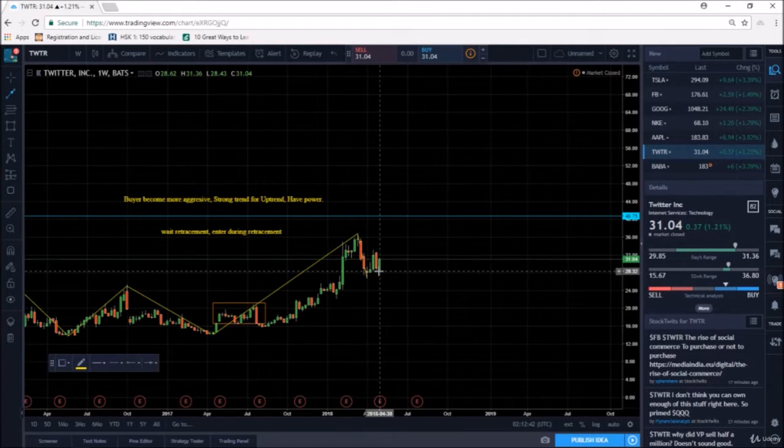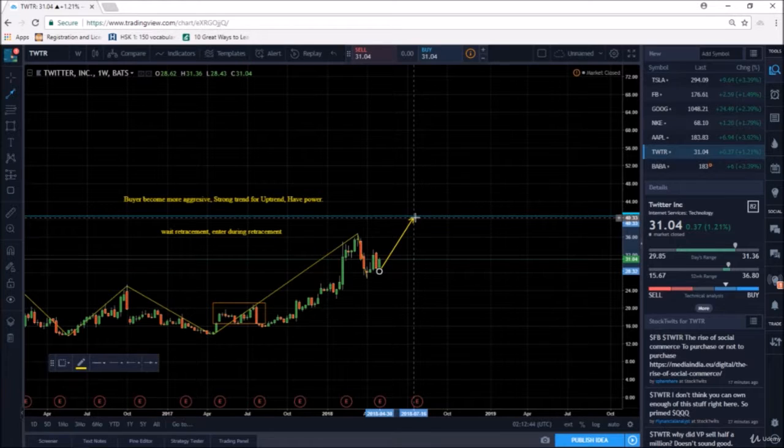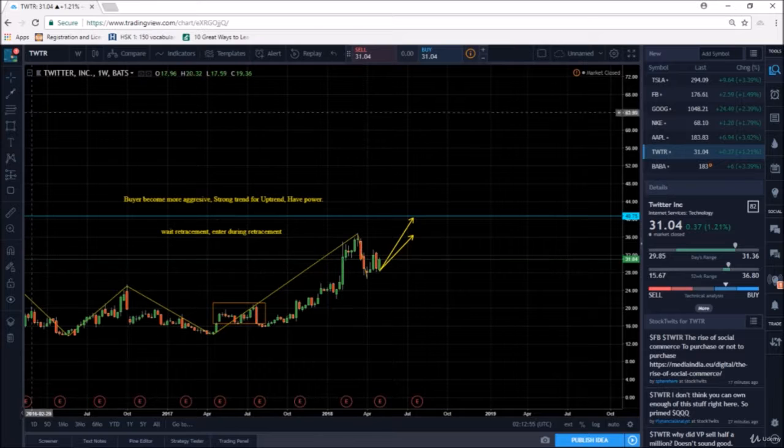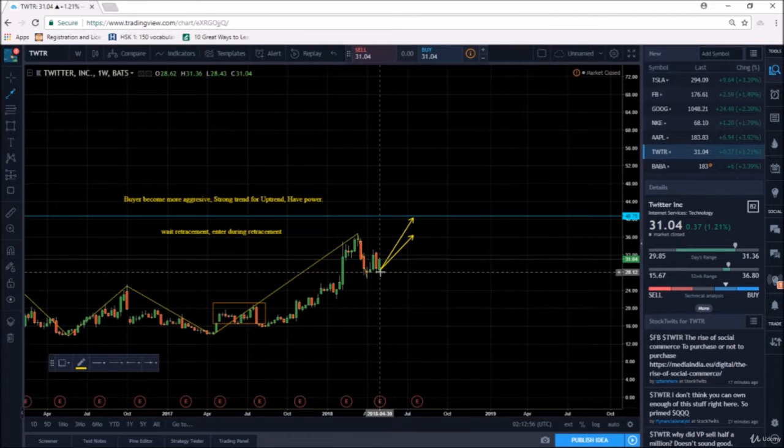If you trade here, it has potential at least to go to this price level. Of course you have to trade with probability. It goes until this, or it can go beyond.